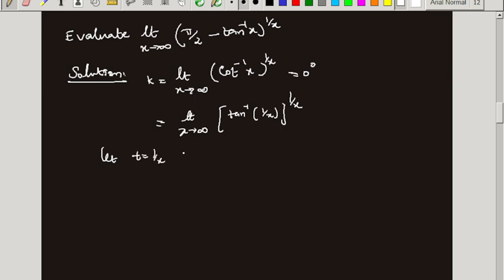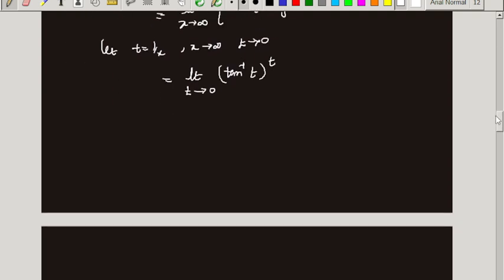So x is infinity, t tends to 0. So here we can write this as limit t tends to 0, tan inverse of t whole power t. So here we get 0 power 0 once again.